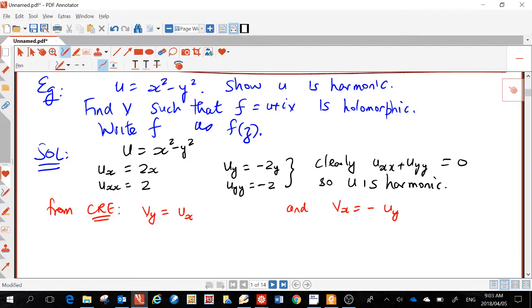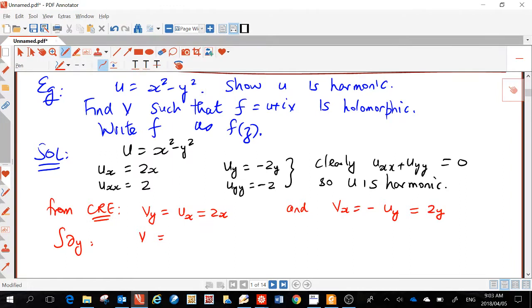So we are going to work backwards from this. Let's do the integration with respect to y. If you integrate with respect to y, you'll get v. And by the way, ux is actually 2x. And uy is minus 2y, so minus uy is 2y.